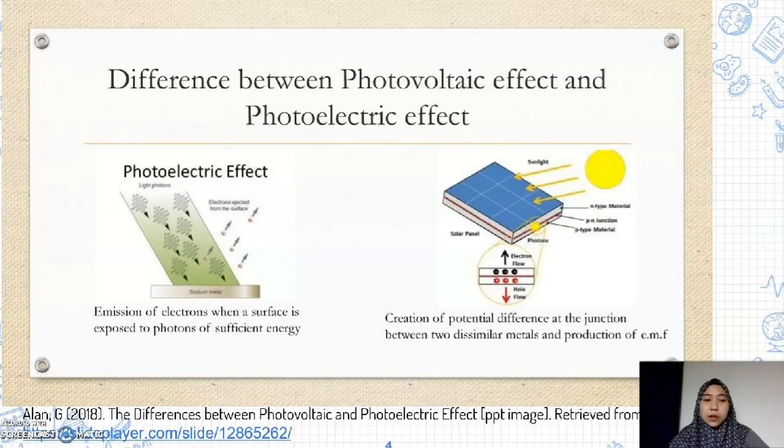When we have sufficient energy, electrons are ejected from the surface. At the right of the screen, this is a photovoltaic effect example. The photovoltaic effect will use the sun as the energy, and then when there is a potential difference at the junction between two dissimilar metals, it will create the EMF.